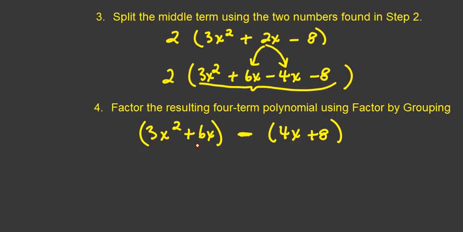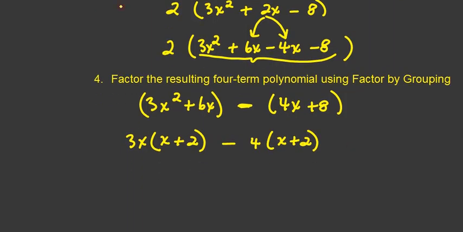Okay, now we factor a 3 and an x from the first group, which would leave us with x plus 2 in parentheses. And we factor a 4 from the second group, which leaves us with x plus 2 in parentheses. And we notice that both of these terms have an x plus 2 in common. And so we factor that out. There's our GCF, x plus 2.